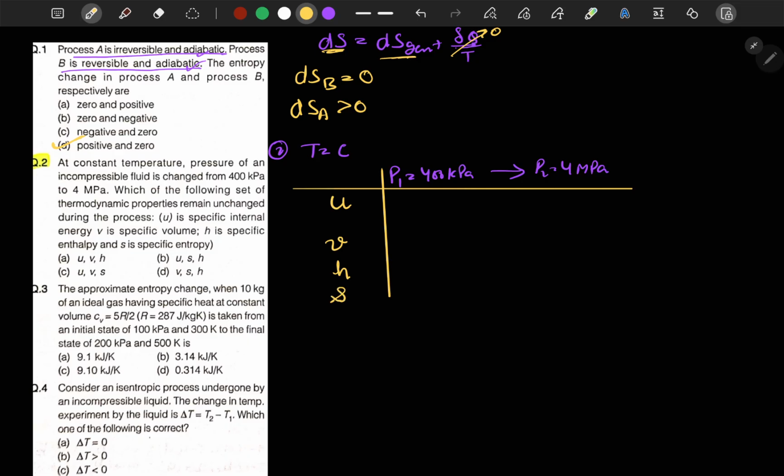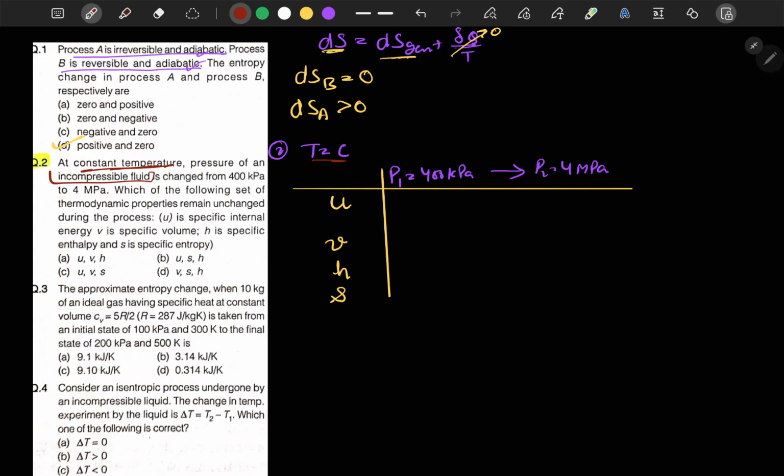Let's see. In this question there are some conditions mentioned: constant temperature, which I have already mentioned, and the second is incompressible fluid.